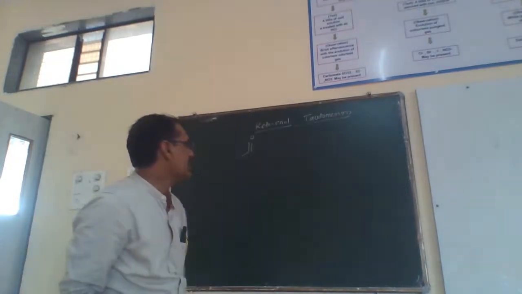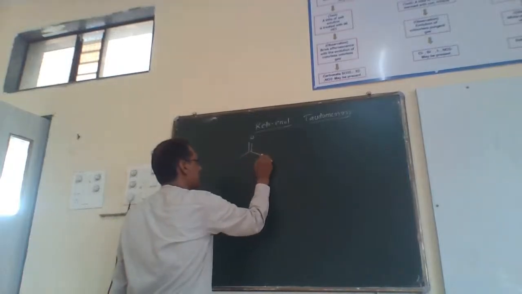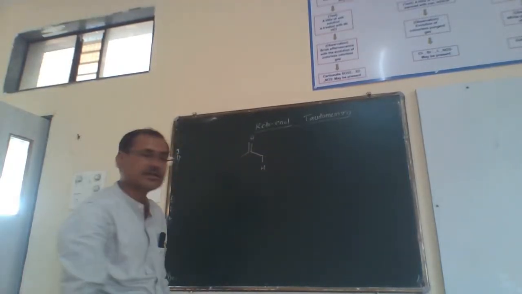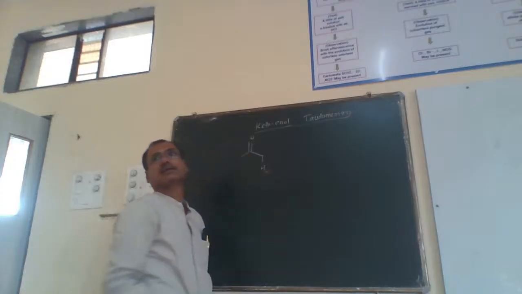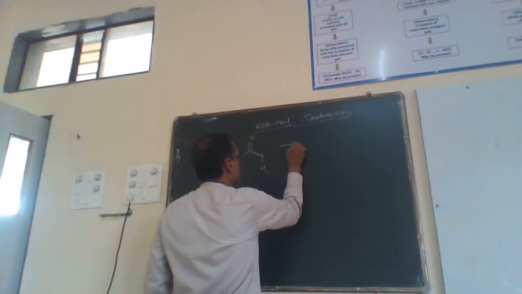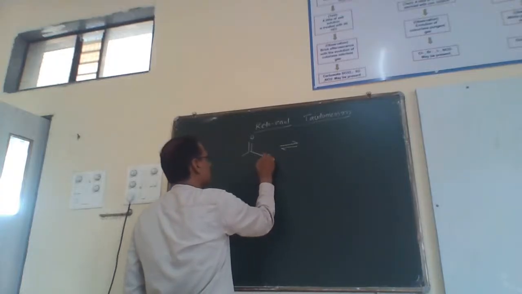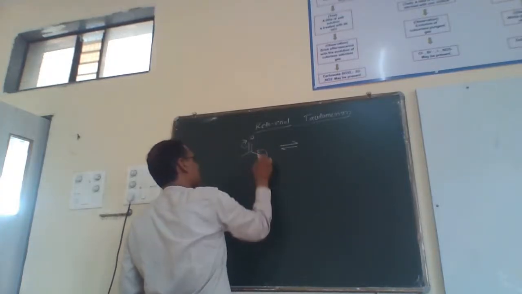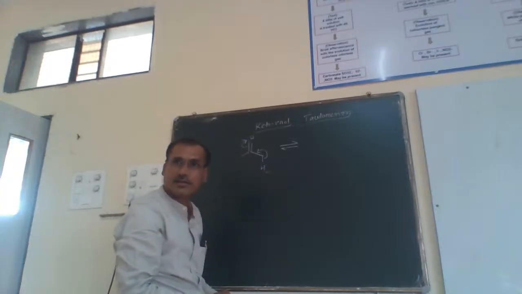What is keto-enol tautomerism? Let us say I will write one hydrogen here just for the sake of understanding that this is the alpha hydrogen. Now this alpha hydrogen can eventually go to this position, onto the oxygen.